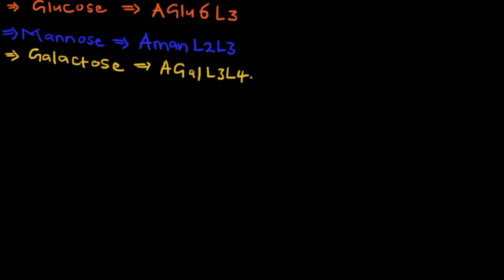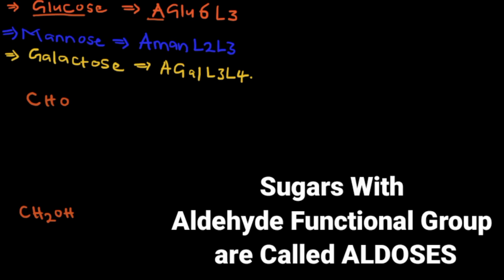So the next category are the hexoses, right? Those glucose, the key sugars that we always deal with. So the hexoses, glucose, and this is the code A-glu-6L3. We already created this, but let's do it again. I know when I see A, I'm referring to my aldehyde backbone first.